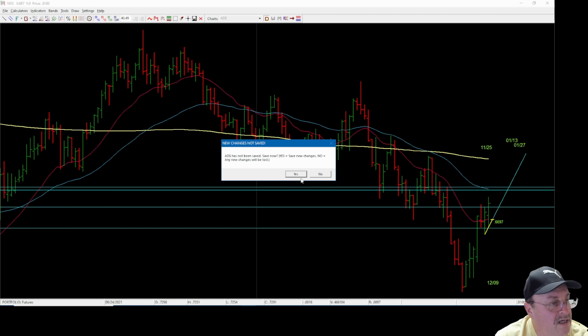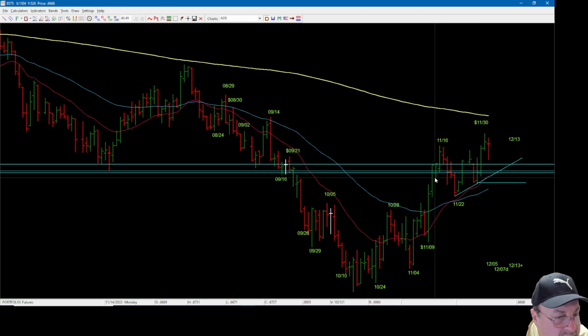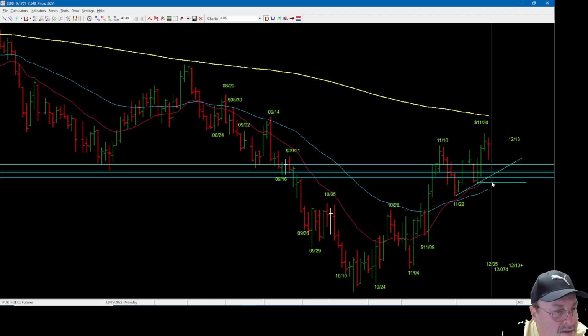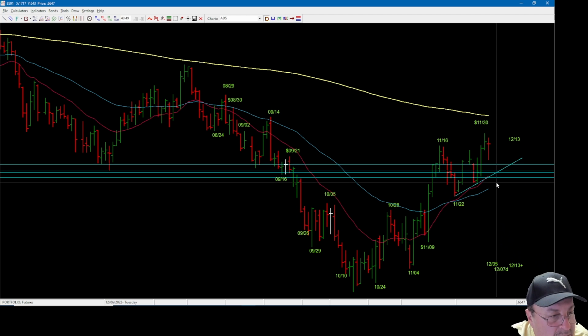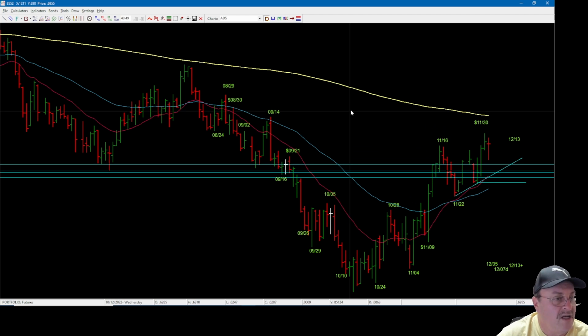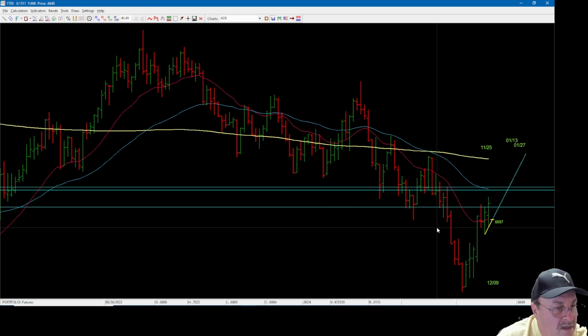You go to your daily. Is 66.35 already accounted for? Nope. How about here? Nope. And we can't use it because it would be below the previous swing bottom, so we can ignore that. That would not be a good one.